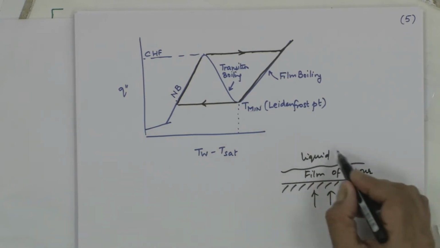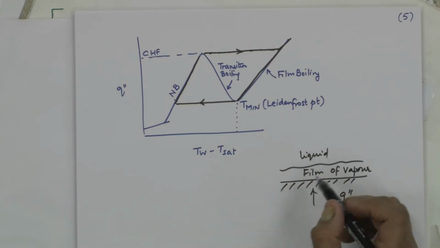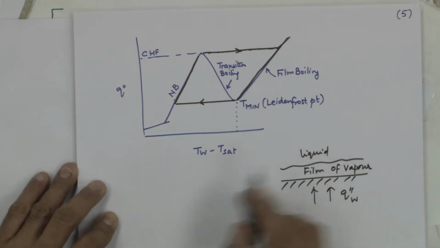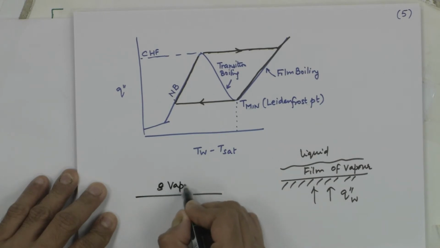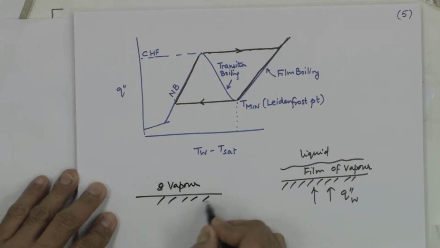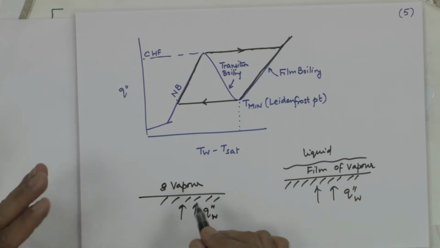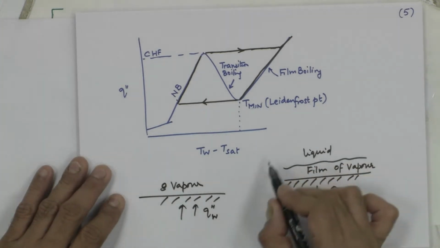When the liquid exists here, the cause is basically DNB. If there is no liquid, there is no question of any particular film, it is just vapor. So, you have the vapor of the liquid. This is the vapor phase and this is the heated surface. So, when you have gotten to CHF because of DNB, you would be in this situation.